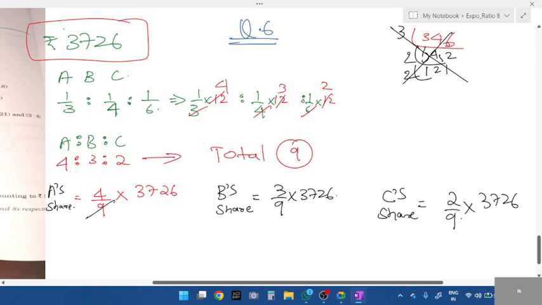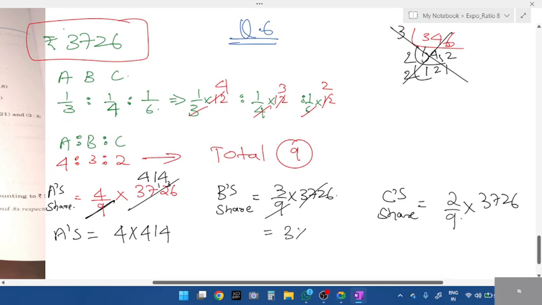Later we'll continue. How many times 9 goes? 9 fours are 36. 9 ones are 9. 450. Okay, then how do you calculate A's share? 4 into 414.